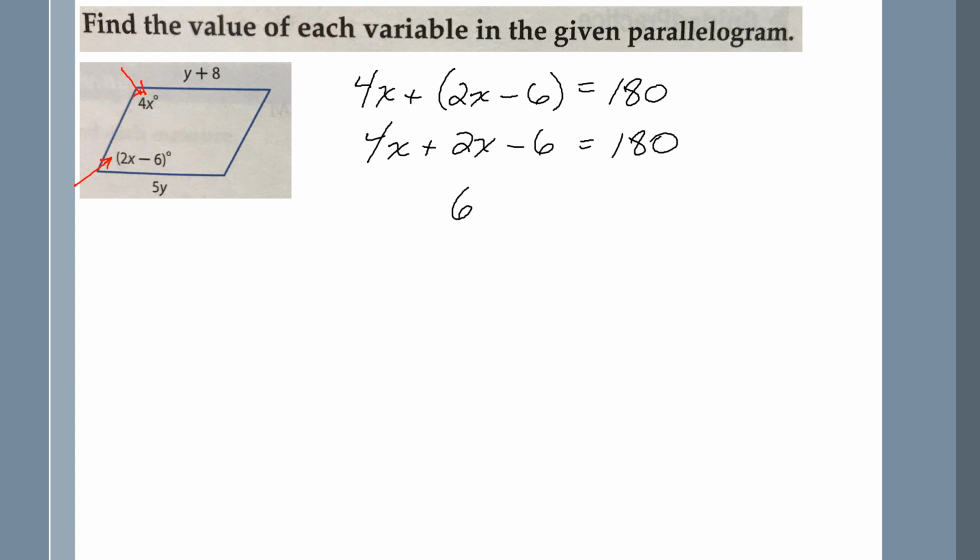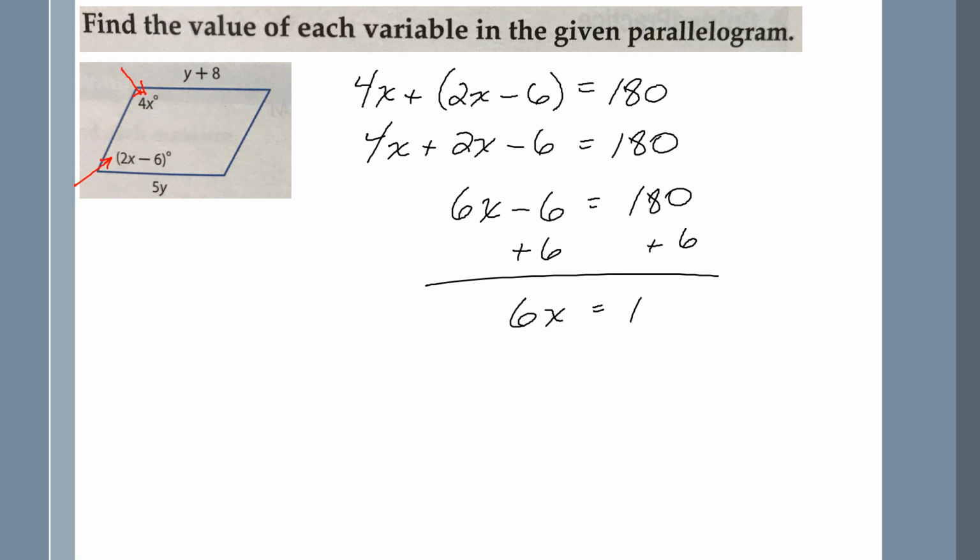So that's going to be 6x minus 6 is equal to 180. Add 6 to each side, and I get 6x equals 186, which I will now divide each side by 6, and x is going to be equal to 31.